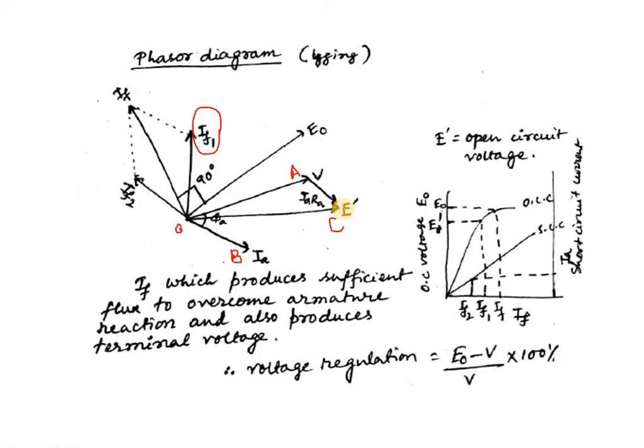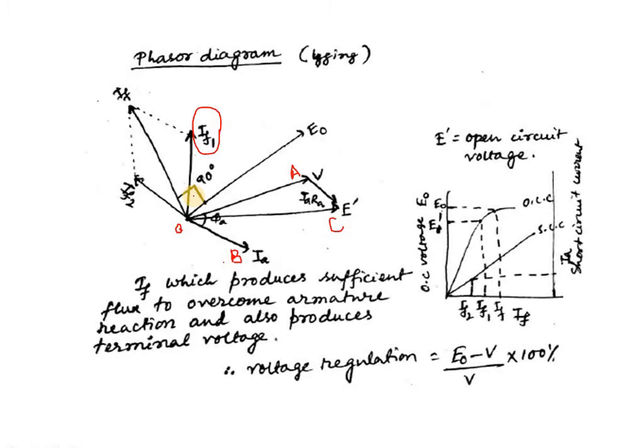We have drawn this IF dash 90 degrees from E dash. Now draw the field current IF dash leading the voltage E dash by 90 degrees.